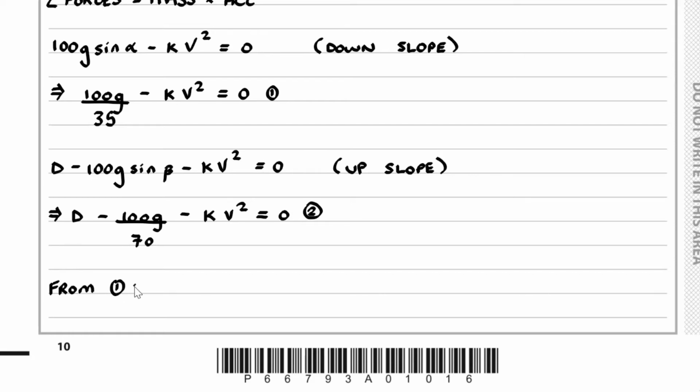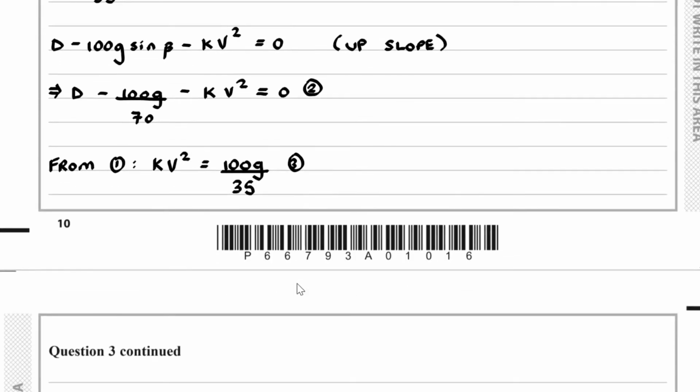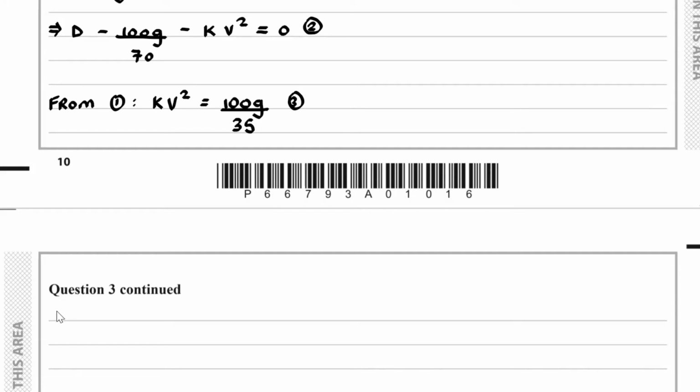From equation 1 we can rearrange to say that kV squared is equal to 100g over 35, and if I call this equation 3, what I can do now is substitute equation 3 into equation 2.